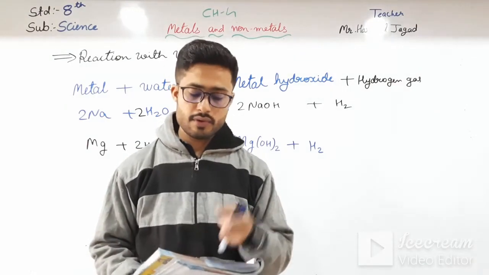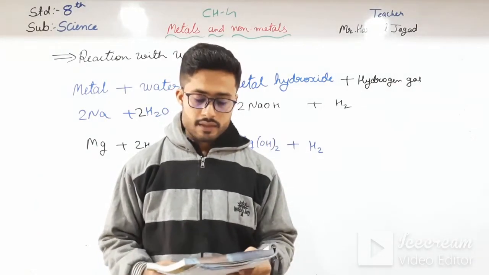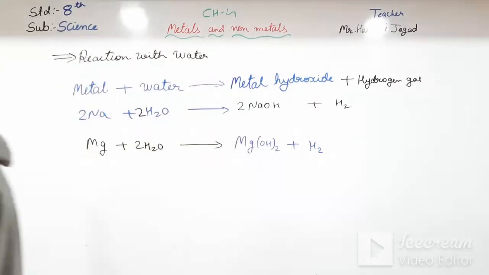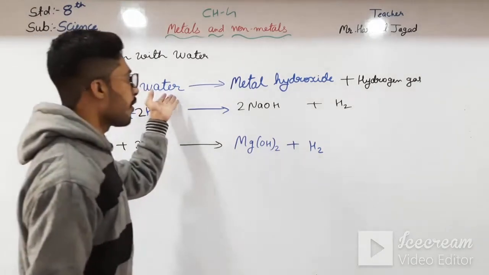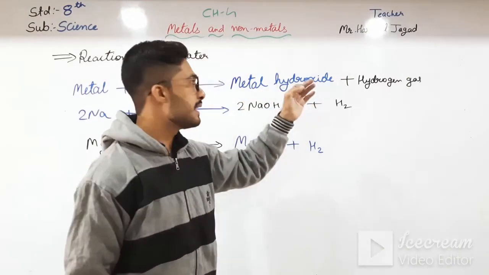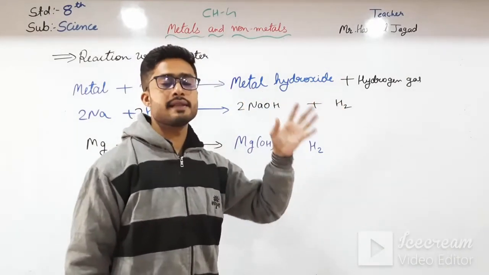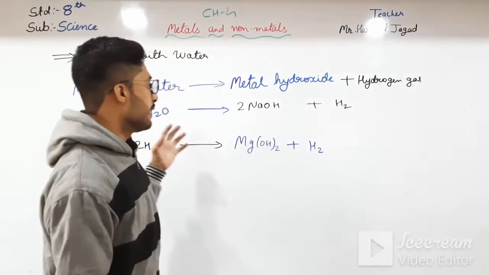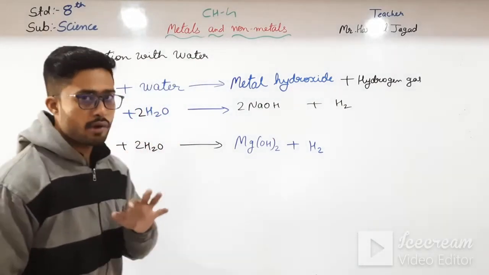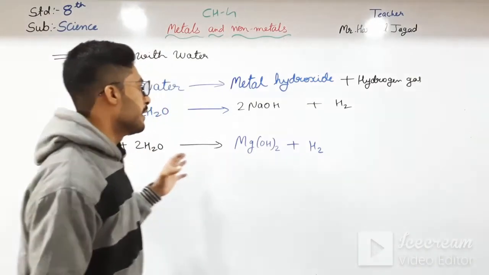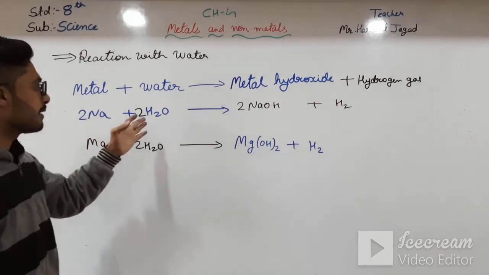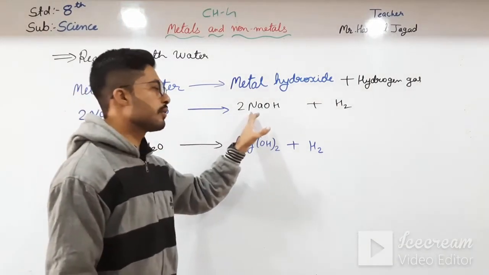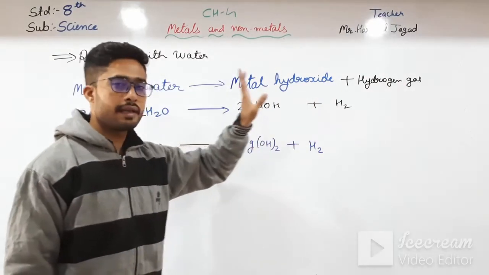Okay students, and non-metals do not react with water. See here, non-metals do not react with water. So here in this topic, reaction with water, we have seen that when metal reacts with water, then metal hydroxide plus hydrogen gas is released. But non-metals do not react with water. The examples of metals: when sodium reacts with water, we get sodium hydroxide plus hydrogen gas.